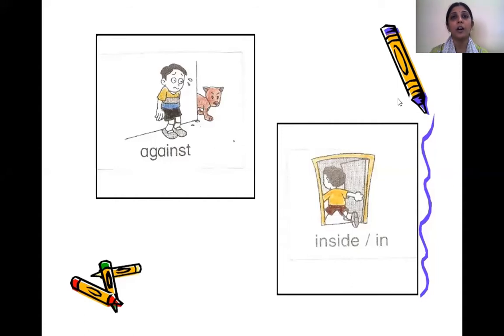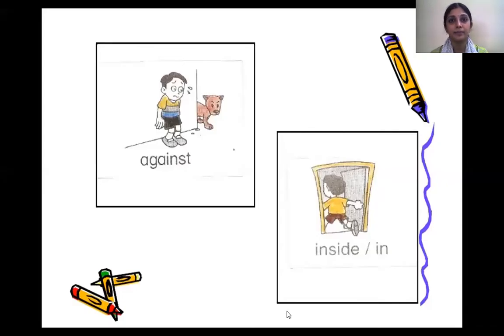When a teacher is teaching you in the classroom, the teacher is facing the students and the back of the teacher is towards the blackboard. So we will say that a teacher is standing against the board and in front of the students. I hope that you understand the difference.